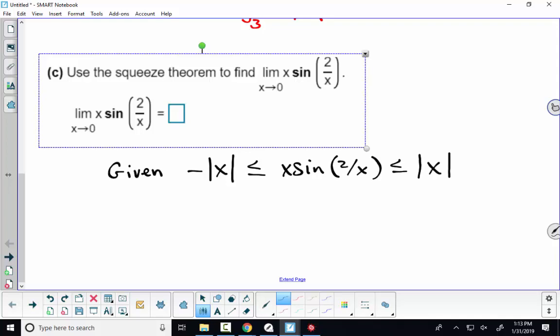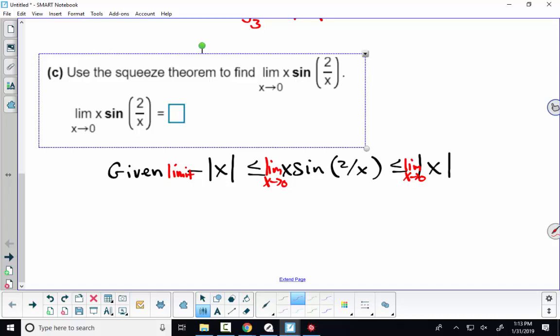If we know that inequality is true for all x except x equal to 0, then we just look at the limit on both sides. Limit here, and the limit here. Remember, the one in the middle is what we're trying to answer. We don't know anything about it. We can't simplify that. We can't conjugate or rationalize anything.